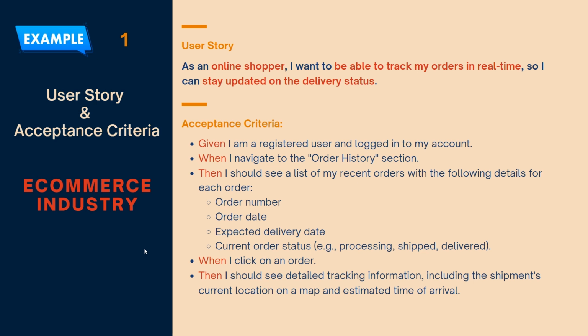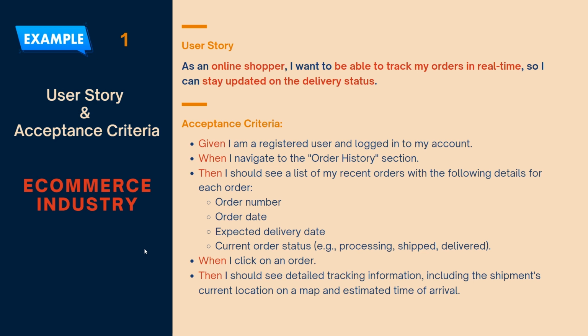And in the acceptance criteria here, if you see, we have one given, but two sets of when and then. So we are giving two different sets of actions and two different sets of outcome expectations. Given I am a registered user and logged into my account. So this is the condition: I am a registered user and I have logged into the account.